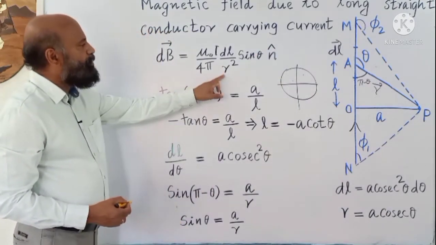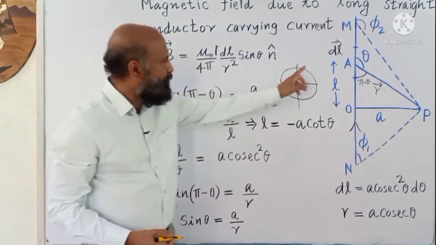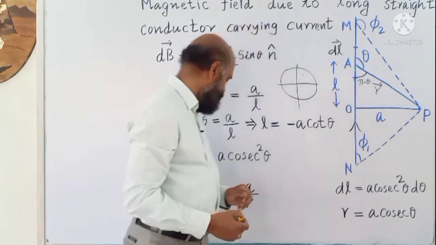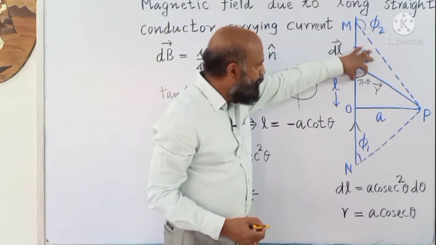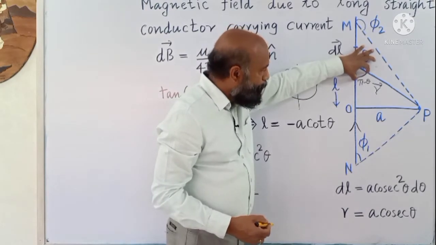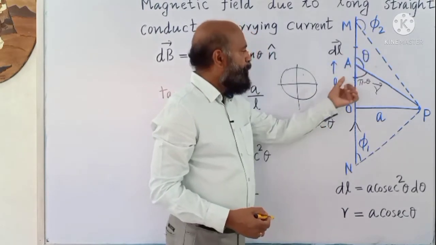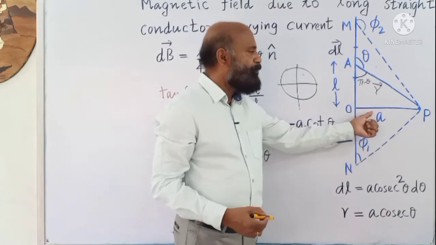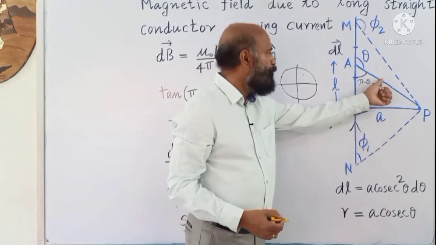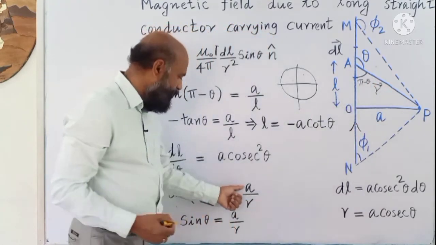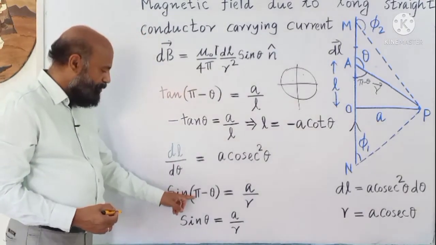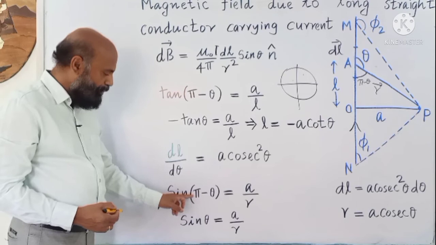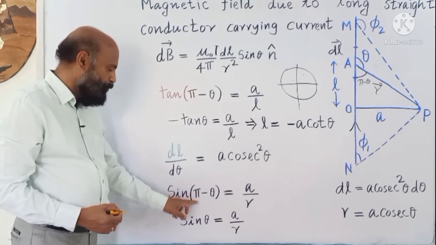Then for replacing r, in this triangle you apply sine of pi minus theta. Sine of pi minus theta is opposite side by hypotenuse, so you can write it as a by r. Pi can be written as 2 times pi by 2.